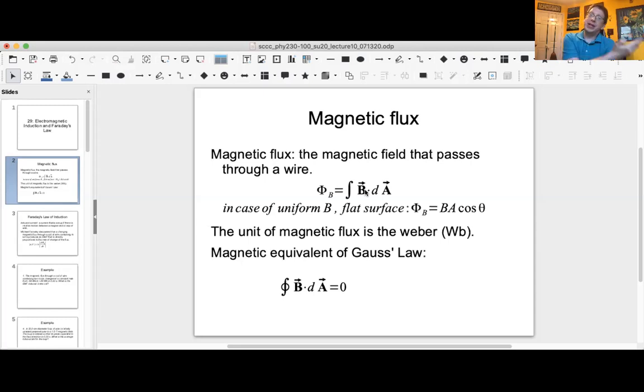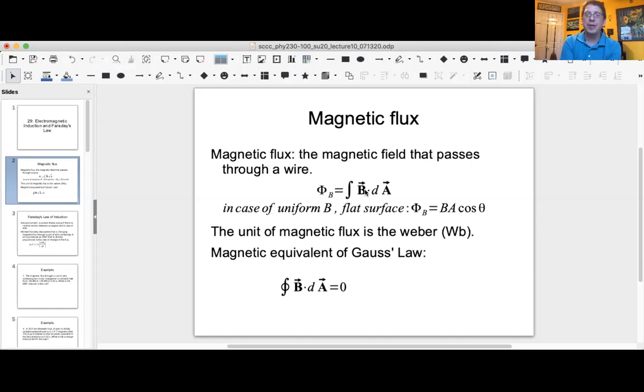The reason is that, unlike with electric fields, where you can have isolated positive and negative source charges, with a magnetic field you can't have a positive without a negative. So with any closed surface, the magnetic field goes out of part of the surface and in from another part, and over the entire surface they cancel each other out, and the total flux is zero.